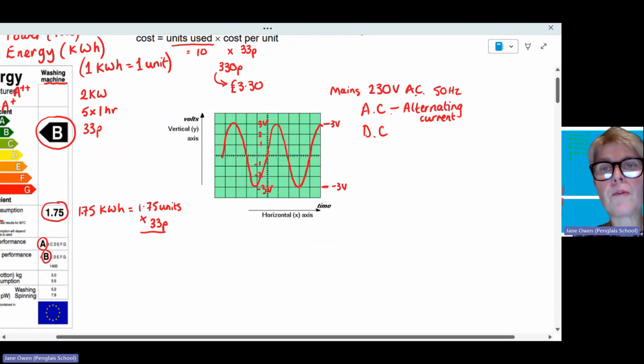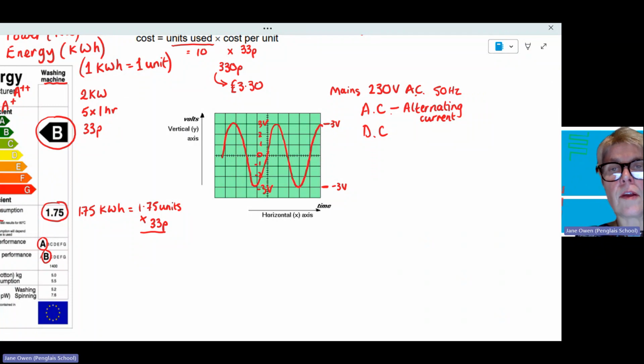It doesn't necessarily have to be naught, but at one stage in the cycle, it could be naught, it could be 1, it could be 2. There'll be any value.